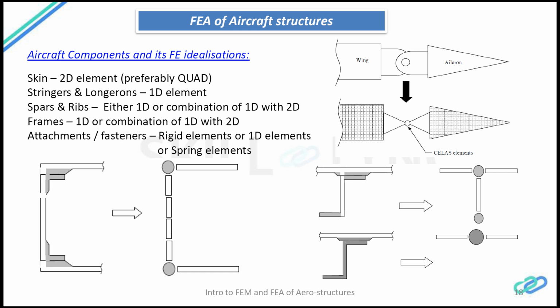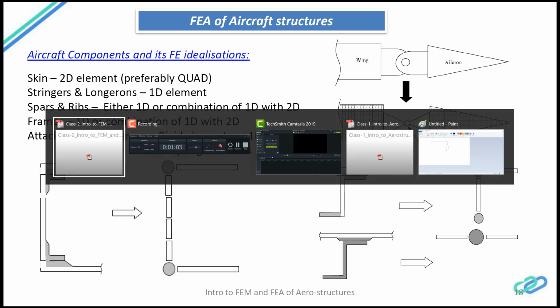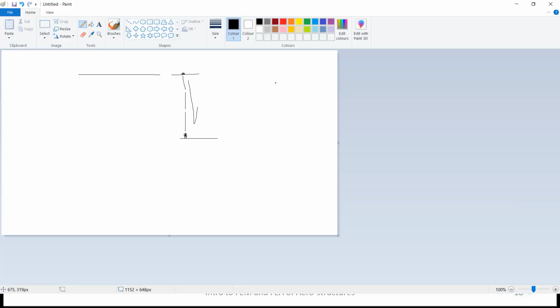Most aerospace structures, the wing skin panels, the fuselage skin panels, or the thin structures, are mostly modeled at the mid plane of the geometry. To demonstrate this, I will be switching into paintbrush.